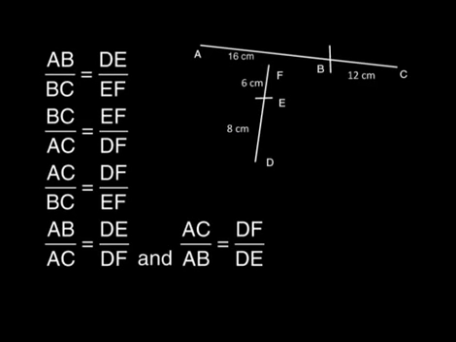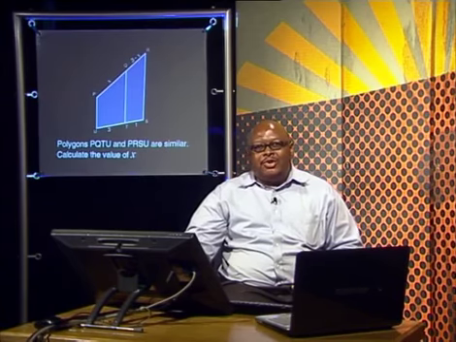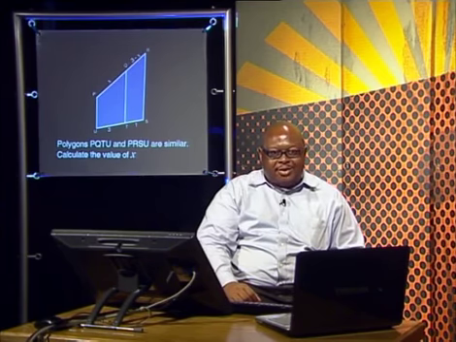If each fraction is inverted, we can also see that BC divided by AC equals EF divided by DF. The full length AC divided by BC equals the full length DF divided by EF. These ratios are also equal. Now we are ready to use the properties of similar polygons.